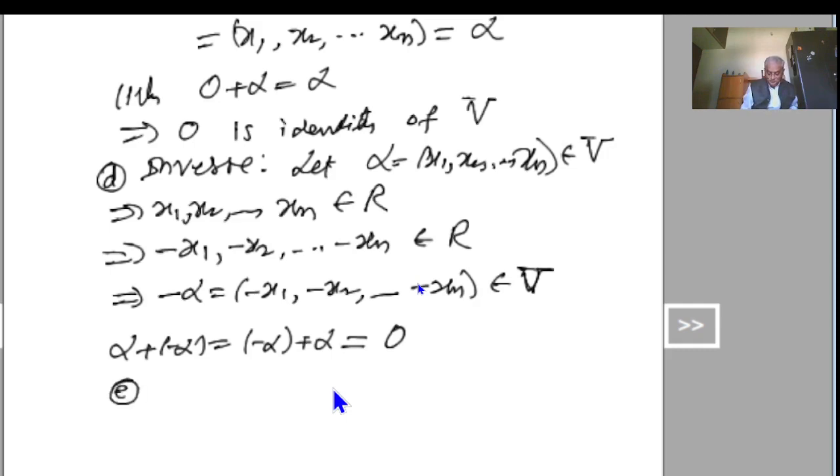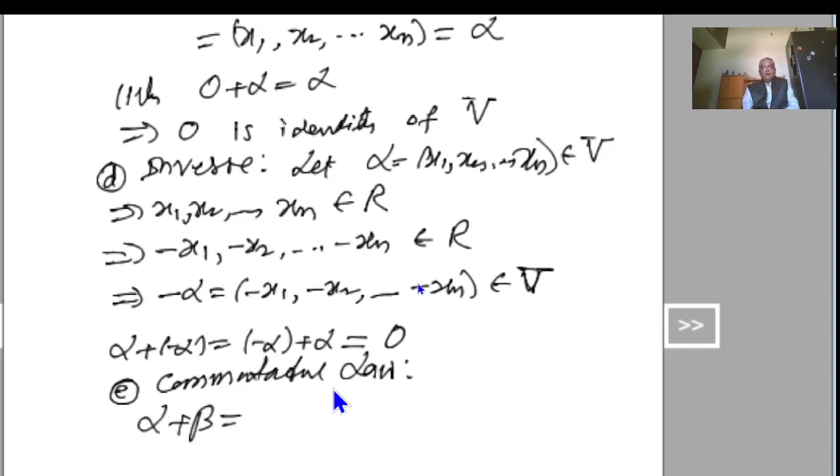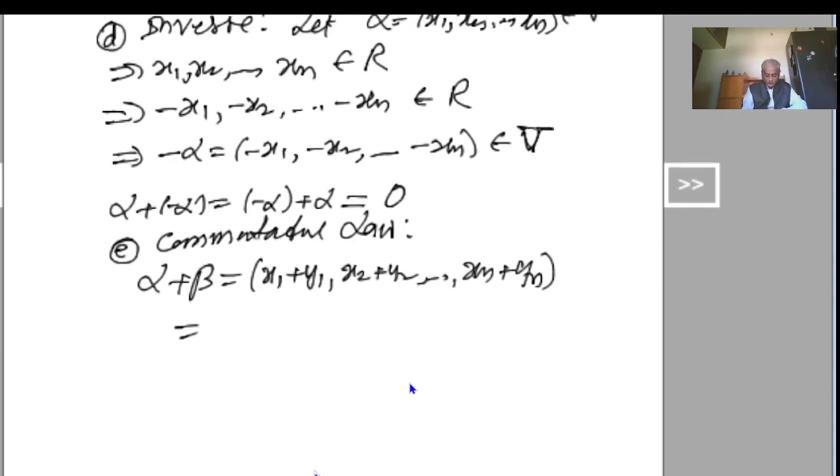Next, commutative law. I will consider alpha plus beta. Alpha plus beta is x1 plus y1, x2 plus y2, up to xn plus yn. And this is equal to, x1 plus y1 can be written as y1 plus x1, right?